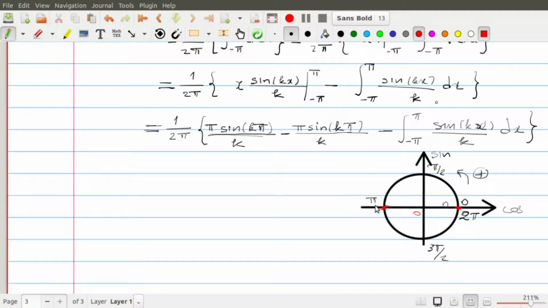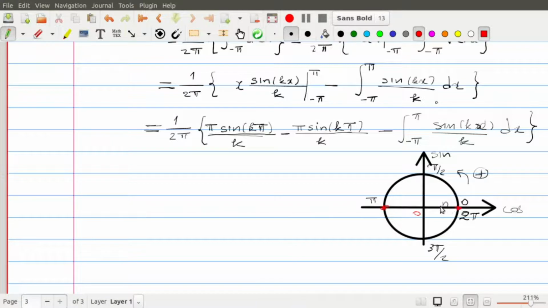When k is 3, I will be here. So you see that k pi will be oscillating between the position of pi and the position of 2 pi. Each time I rotate by pi from a given position, let's say from 0 or 2 pi, I find myself here. If I rotate by pi again, I find myself there, and each time.